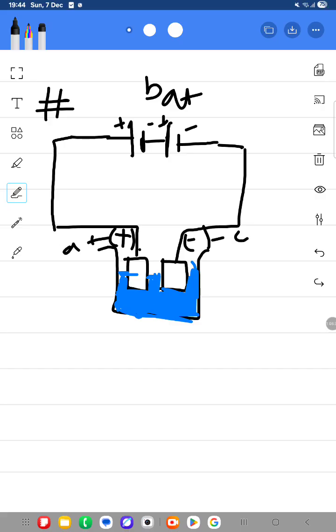Now here we are going to understand that these two are both copper plates. A plate means a thin bar, we can also say that.